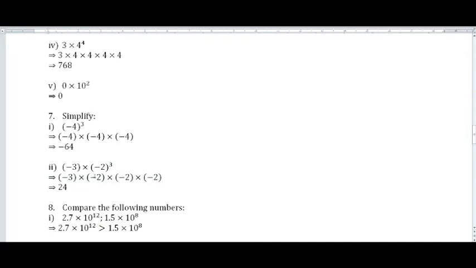Minus into minus is plus, plus into minus is minus, minus into minus is plus. So the answer will be positive. 3 twos are 6, 6 twos are 12, 12 twos are 24. So the answer will be positive here, even though we are multiplying numbers which are negative, because if you multiply the mathematical sign minus, you will find that the actual answer will be positive.